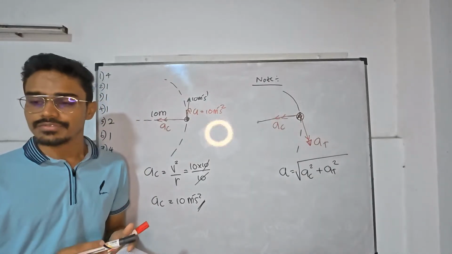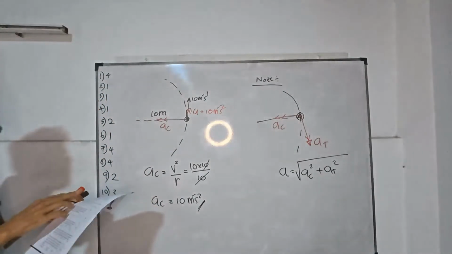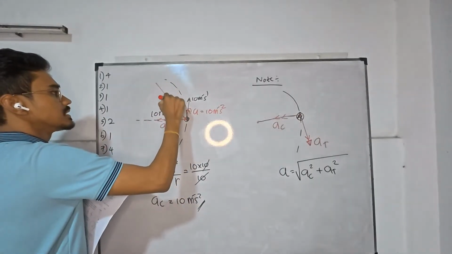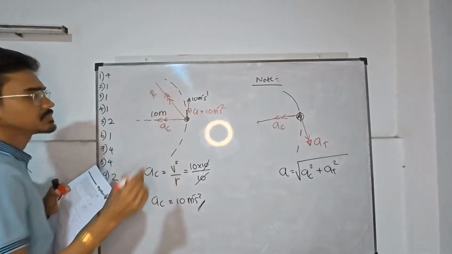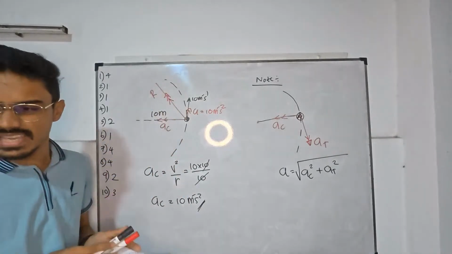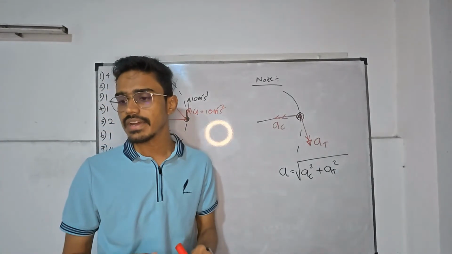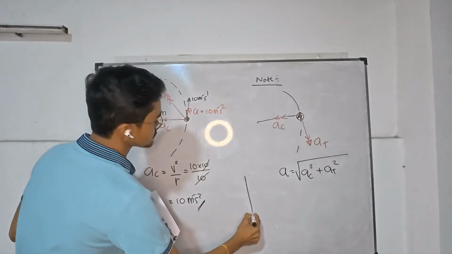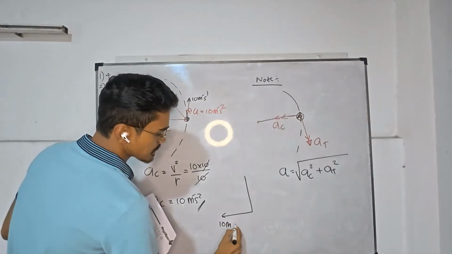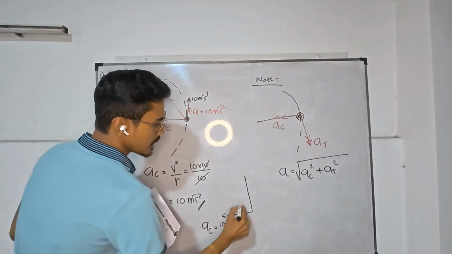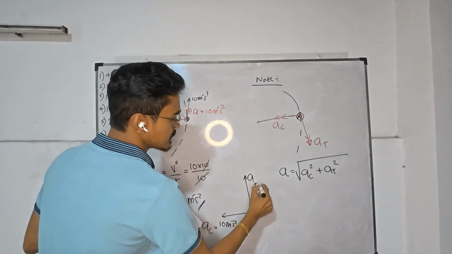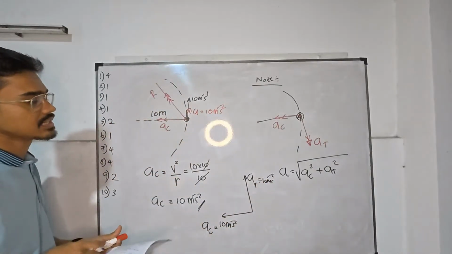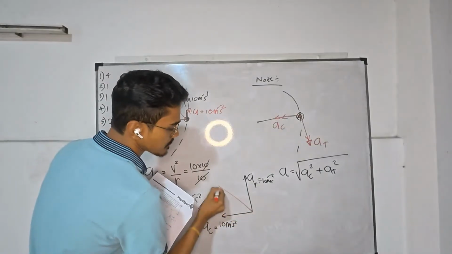So the resultant of these two, they are two vectors of 10 and 10, acts in between. Since the vectors are the same, the angle will be equally divided: 45. Very easy. AC is 10 m/s squared and AT is also 10 m/s squared, so the resultant is in between.